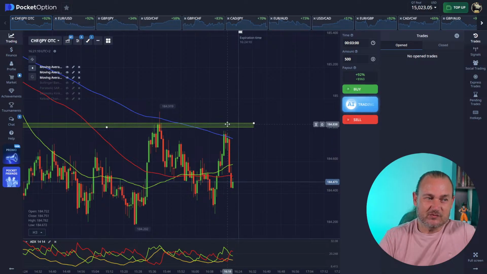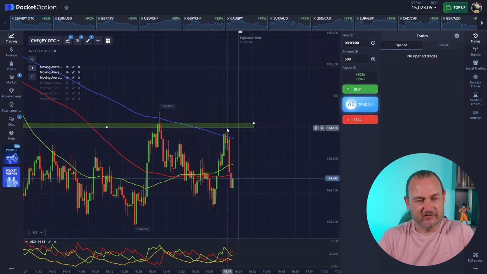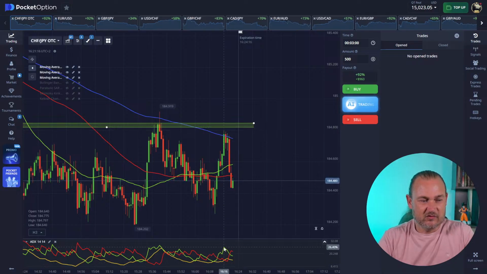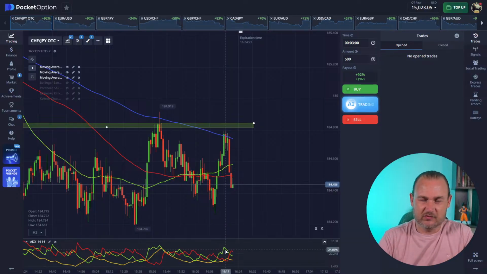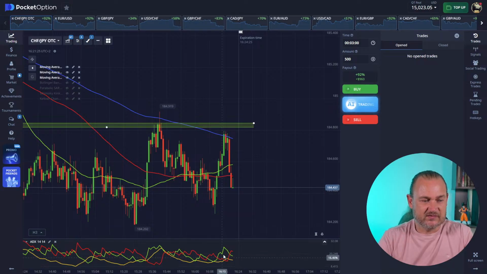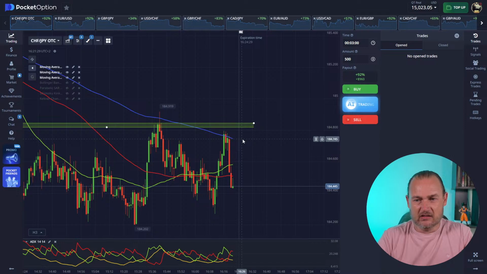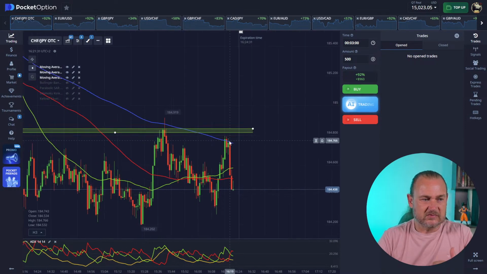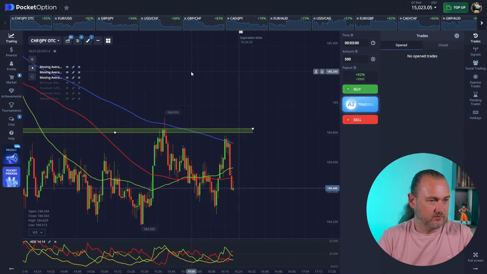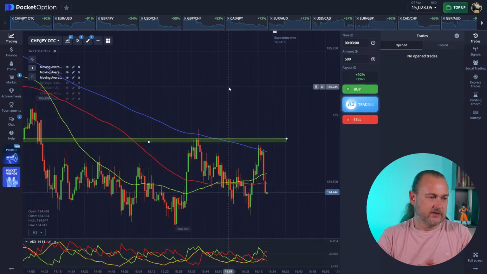We took this because it was close to the resistance area, but it was spot on the 200 moving average. And we took this because of the big DI spike, and we just went with the fact that ADX was fairly low, big DI spike. We just went with the trade and took a sell. Okay, so I'm really glad this one actually did my example for me with the moving averages.